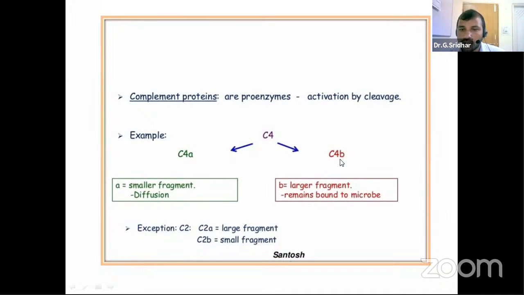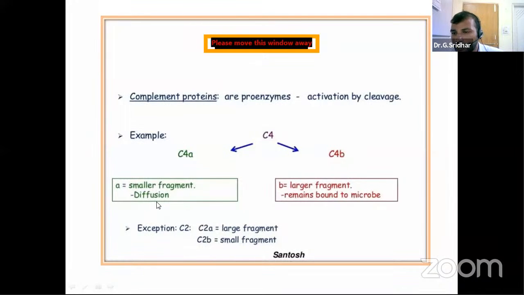You can see here, C4 is activated or split into C4A and C4B. C4B is the larger subunit. C4A is the smaller subunit. A is the smaller fragment, or diffusion fragment. B is the larger fragment, which remains bound to the microbe and activates the other incoming complement protein.